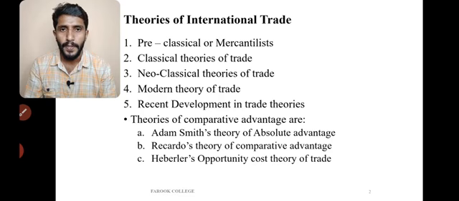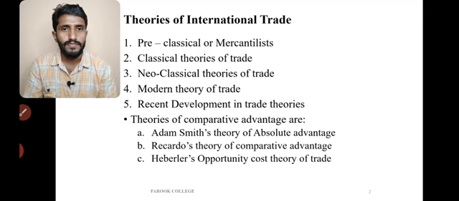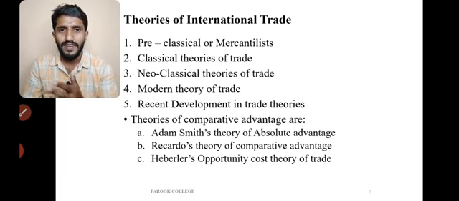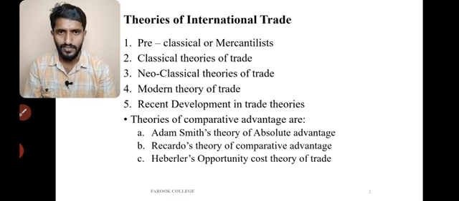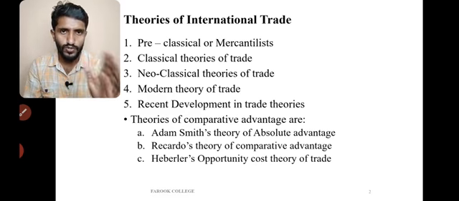But before the classicals, there was the mercantilist school of thought, and the mercantilist economists developed some of the concepts related to international trade. So firstly we will deal with the mercantilist views on international trade.